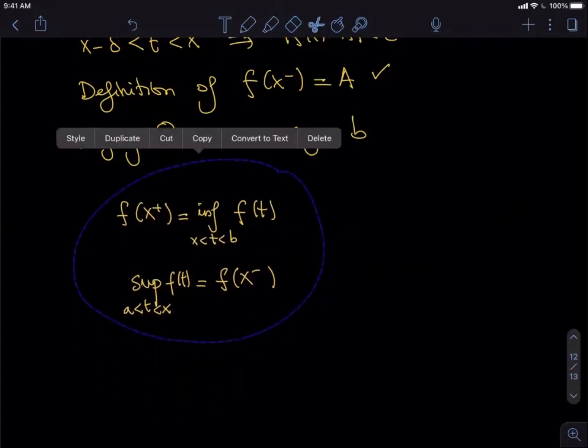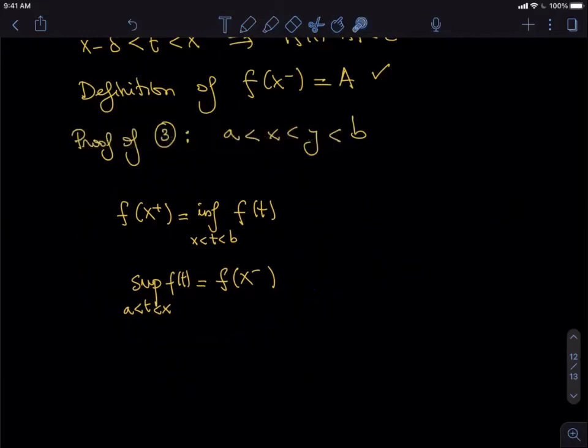So let's apply f of x plus, because that's what we want. Remember, we want to show that f of x plus is less than f of y minus. So those are the two we want to work with.